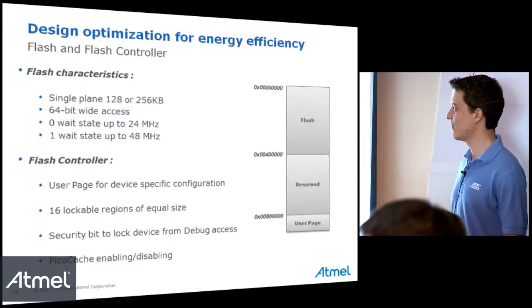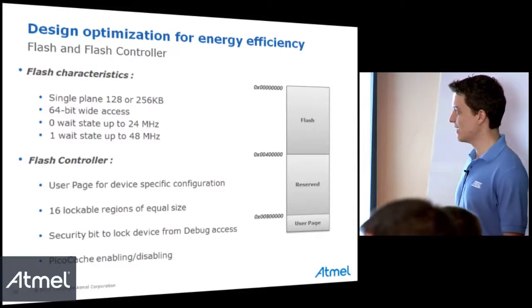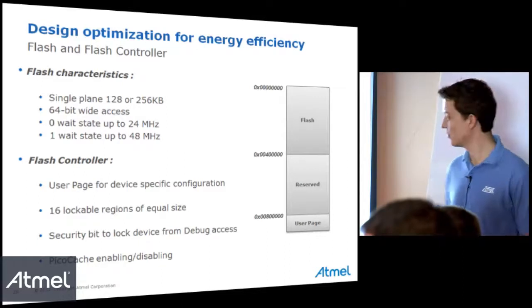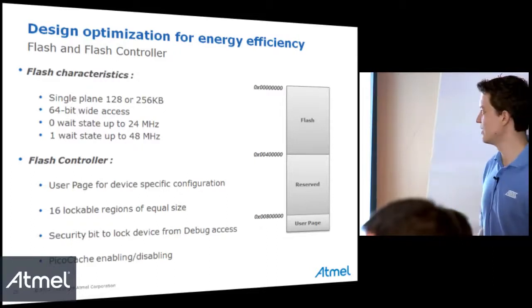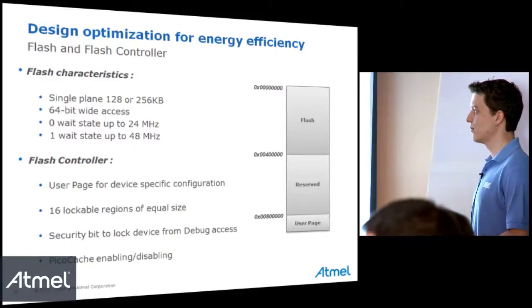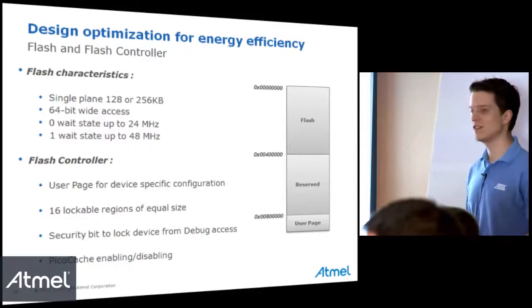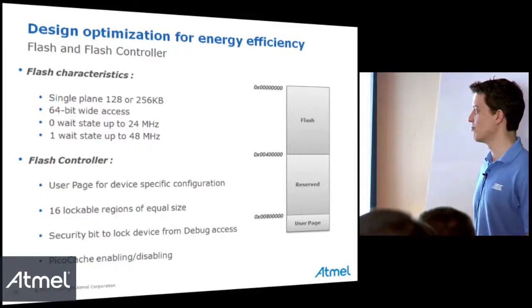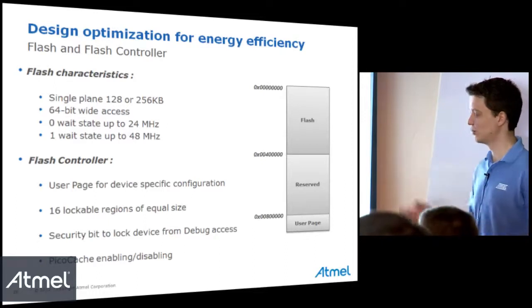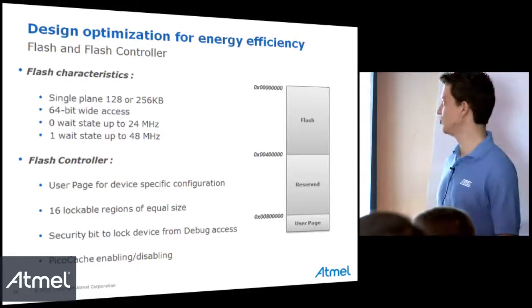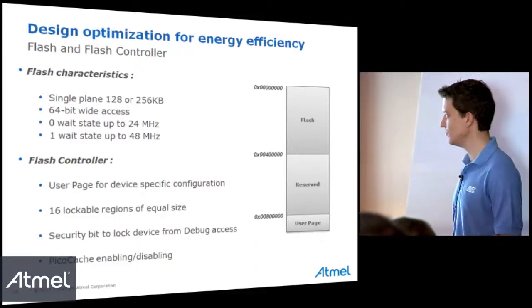It's a 64-bit wide access, and we try to reduce as much as possible the number of wait states. We have 0 wait state needed when the core is running up to 24 megahertz, and 1 wait state needed when running above 24 megahertz up to 48 megahertz.